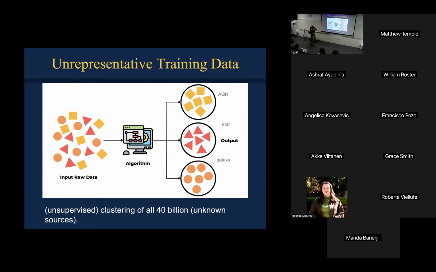And then you cluster your objects in that latent space, and then you use your known objects to label those clusters, right? So there are details of how exactly you do this, and people are working on that in various data sets, but that basic construct makes sense to me as the way to go for something as sophisticated as the LSST data.